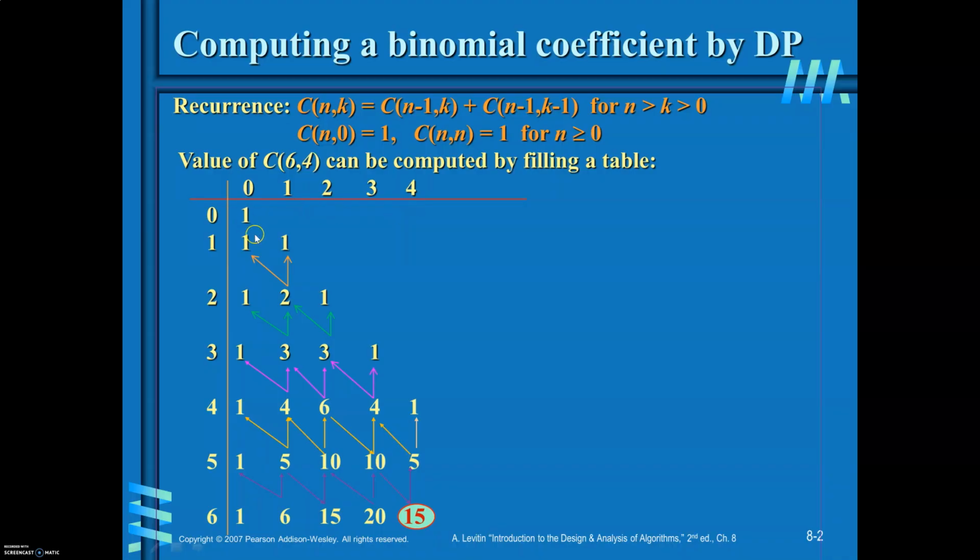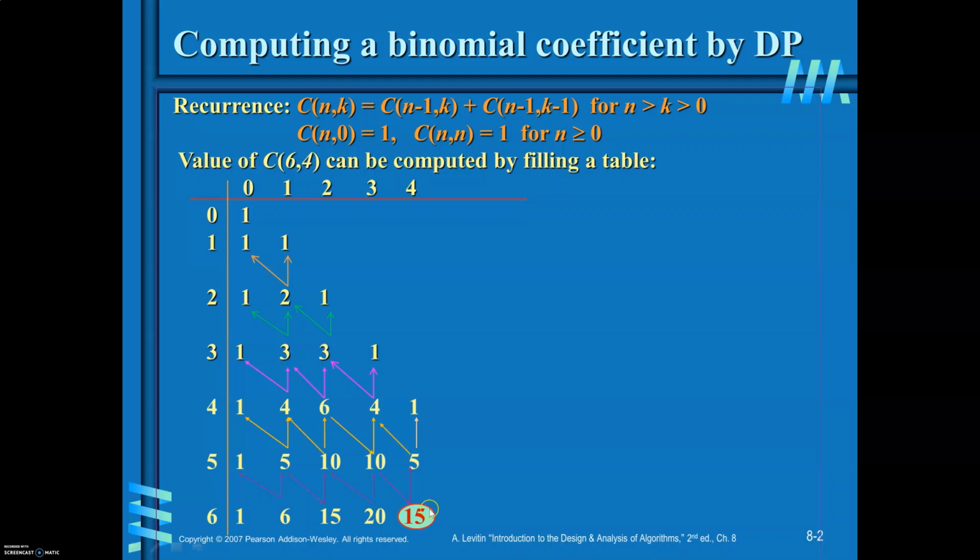Then, when i equal to j, C(i,j) will be equal to 1, and if j equal to 0, then C(i,j) will be equal to 1.